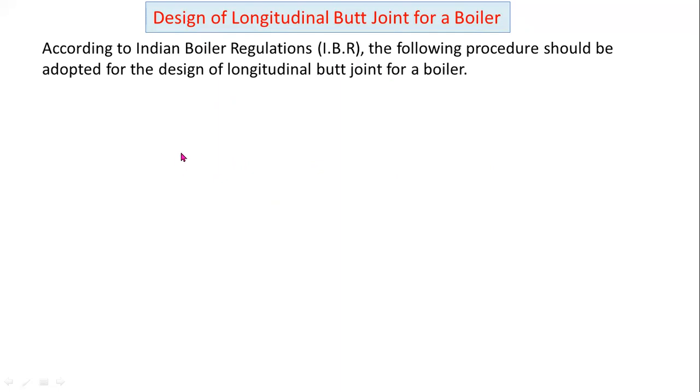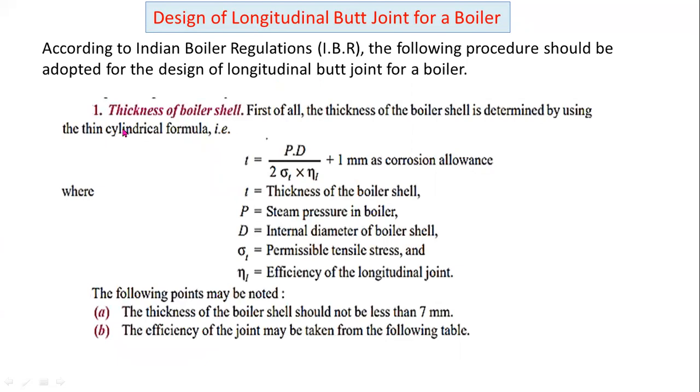For design of boilers, you have to follow IBR rules, that is Indian Boiler Regulations. In the first step, you have to select a suitable thickness of the boiler shell plate.